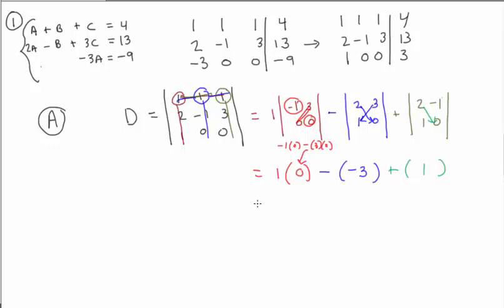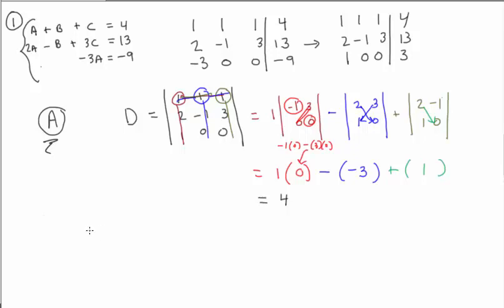If I add those up, I get a 4. Yep, I get a 4. So that's going to be the denominator. Now that's going to be true whether I'm solving for A, B, or C. The denominator is going to equal 4.